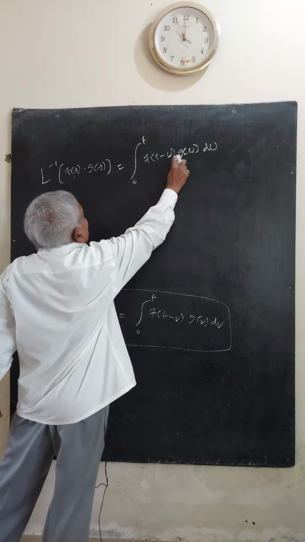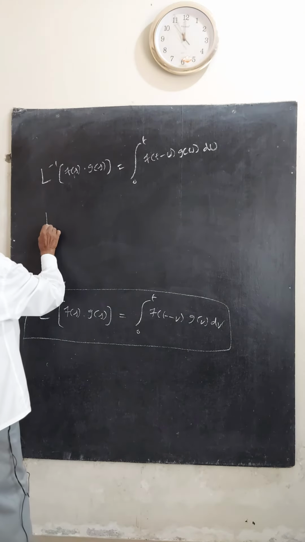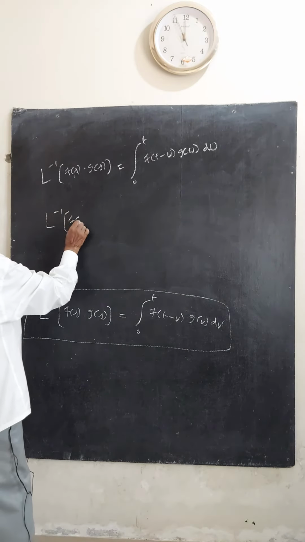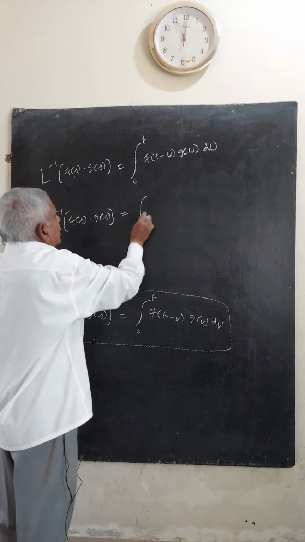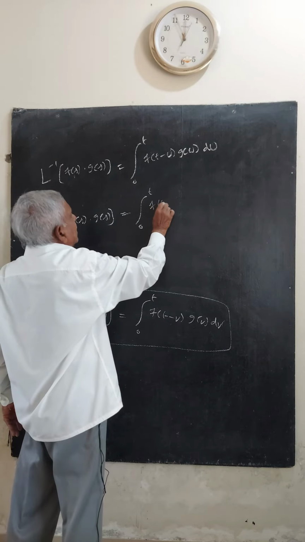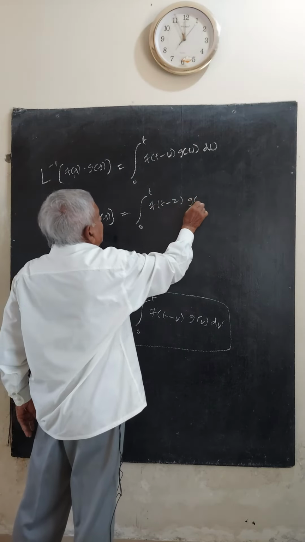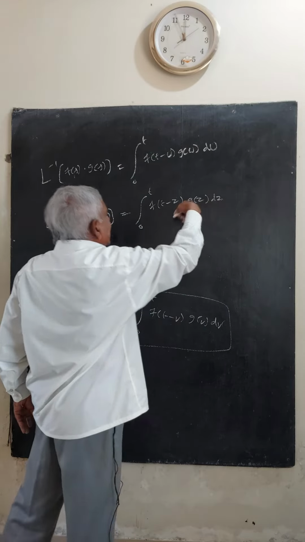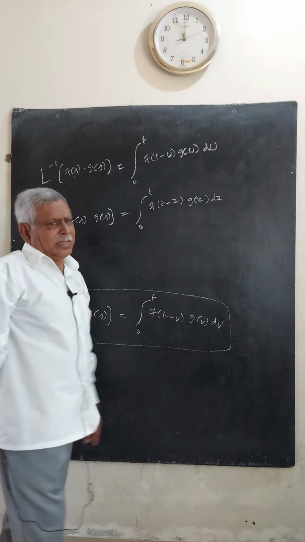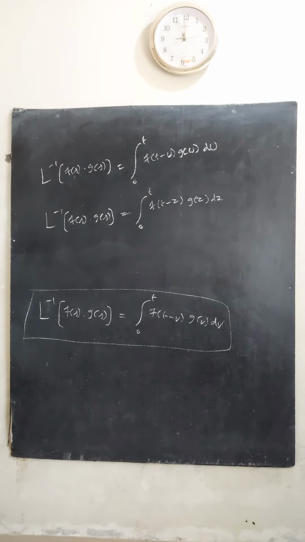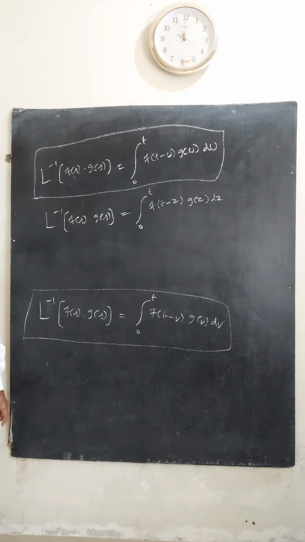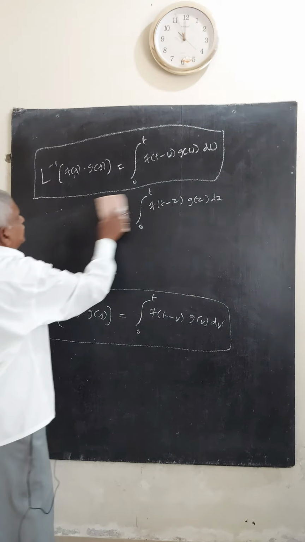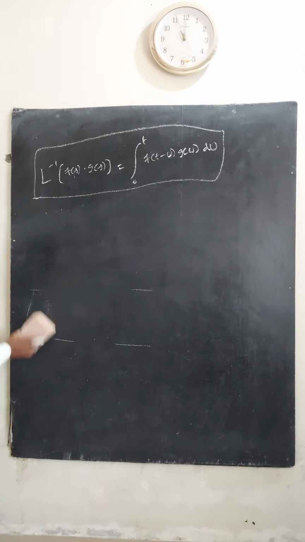You can give any variable instead of u, for example L inverse of f of s into g of s equal to 0 to t f of t minus z g of z dz. These are all called dummy variables. This is the only line we use in this convolution theorem. Hence proved.